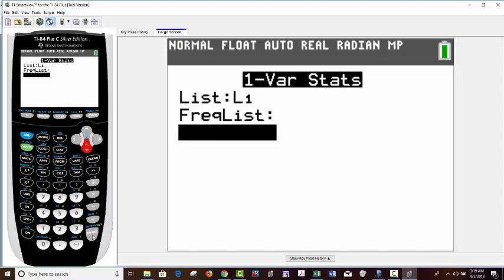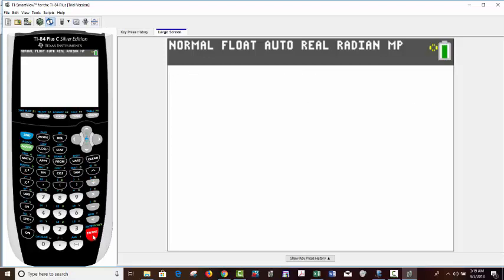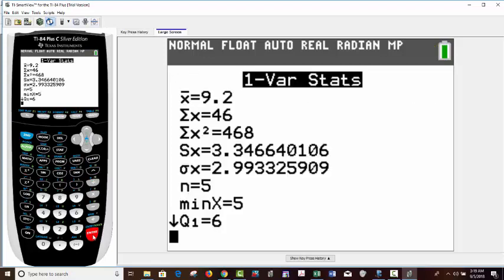All right, calculate. And there's the standard deviation, 3.34, sample standard deviation, because the one below it's going to be something else here in a minute. 3.3467.